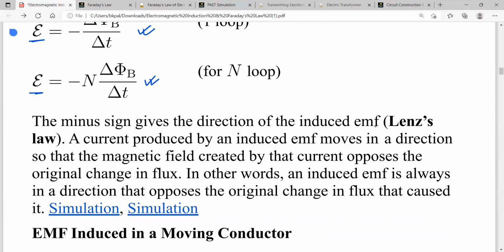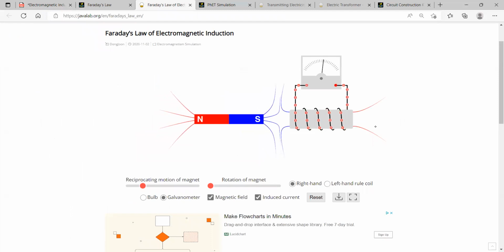So from the magnetic field we get current, and from that current we get another magnetic field. Now we have two magnetic fields: one is the original magnetic field, and one is due to the induced current in the circuit. Lenz's law tells us that the directions of these two magnetic fields, the original and the induced, will be opposite.